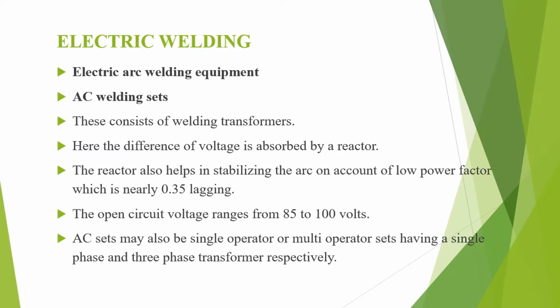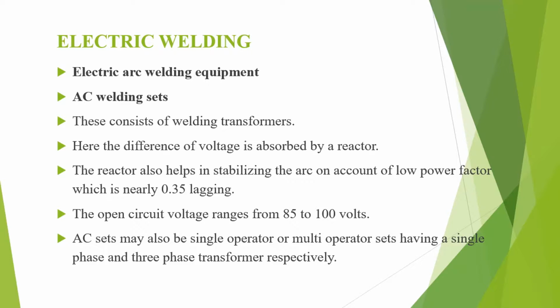AC welding sets consist of welding transformers. Here, the difference of voltage, that is, the striking voltage and the operating voltage of the arc, is absorbed by the reactor. The reactor also helps in stabilizing the arc due to low power factor, which is nearly 0.35 lagging. The open circuit voltage is from 85 to 100 volts.